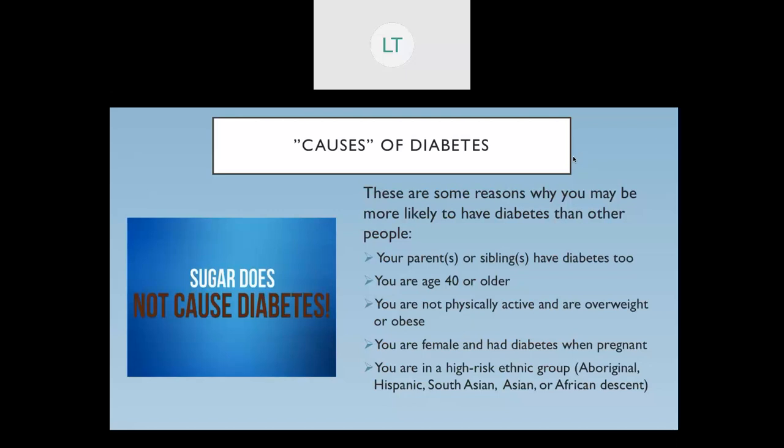If you're over the age of 40, our risk does increase as we age for developing diabetes. As well, if you're not physically active and you're overweight or obese, you'll be in a higher risk category. If you're a female who has had diabetes when they were pregnant, like I mentioned previously, it does increase your risk of getting diabetes later in life. As well, if you're in a high-risk ethnic group, you may be at a higher risk of getting diabetes.